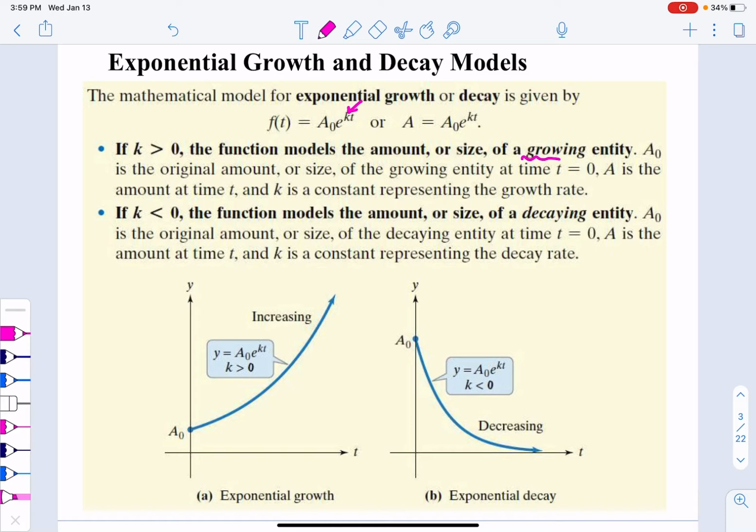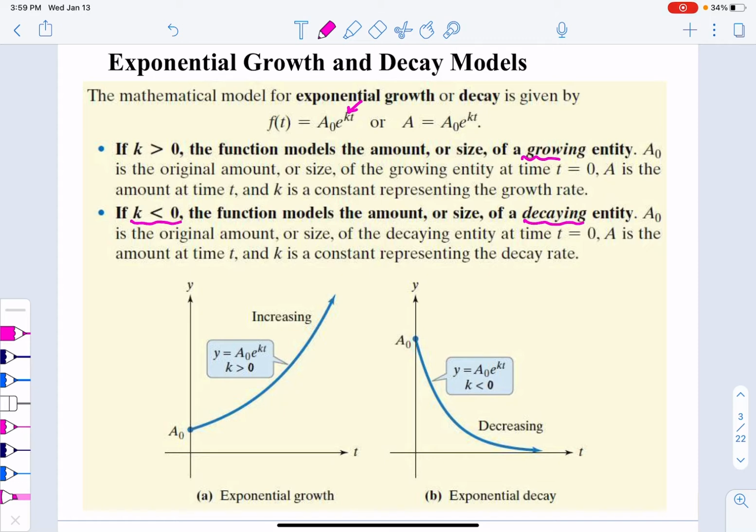If k is less than 0, it's going to end up decaying. If it's less than 0, that means it's negative, and a negative exponent flips to the other side of the fraction bar, which makes it into a division. So we're going to get smaller, we're going to decay.